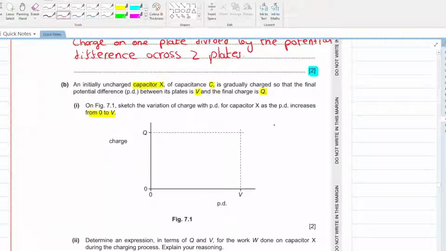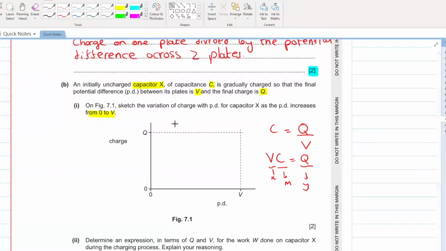Capacitance is charge over voltage, so Q equals CV. With charge on the y-axis and voltage on the x-axis, capacitance is the gradient. So let's plot a straight line graph. The examiner is giving you 2 marks just for a simple line. How kind the examiner is.